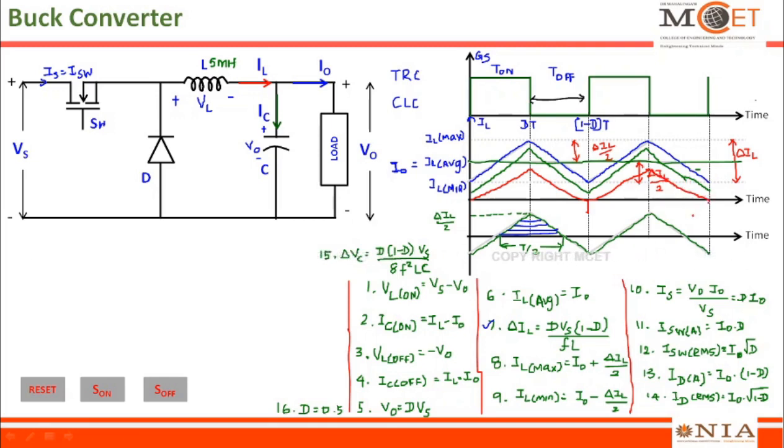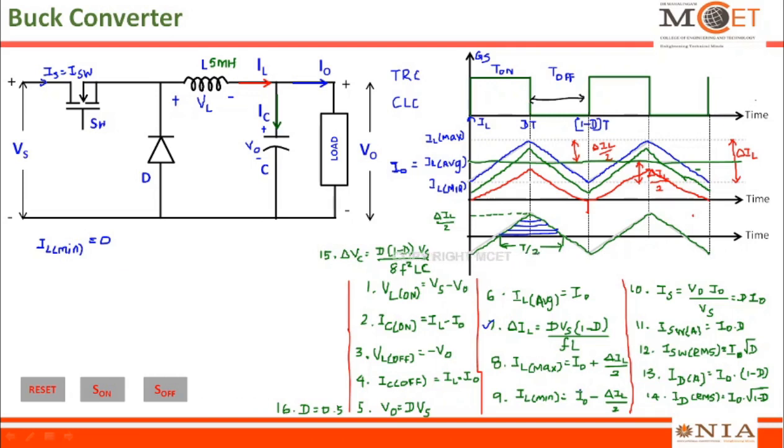This minimum value of current, when it becomes 0 for some value of inductance, that inductance is what we call the critical inductance. So the primary condition for an inductance to be critical is that IL minimum should be equal to 0. Or I can say that for a particular value of inductance, if IL minimum becomes 0, then that inductance is what we call the critical inductance.